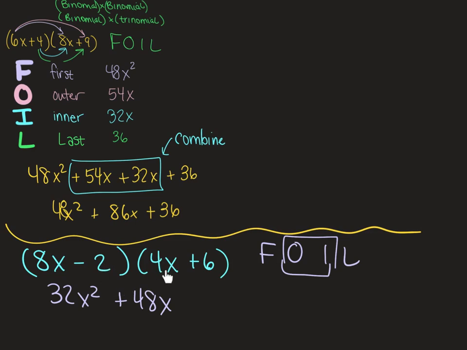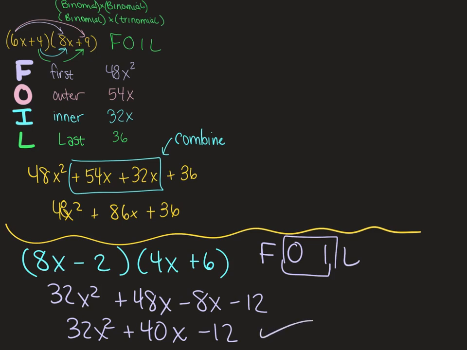Inner numbers, now remember this guy's negative, so a negative 2 times a positive 4 is a negative 8x. And finally, our last numbers, a negative 2 times a positive 6 is negative 12. Combine like terms, the 32x and the minus 12 don't do anything, but positive 48 minus an 8 is a positive 40x. So there's our final answer.